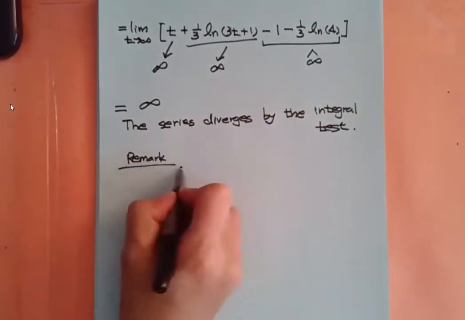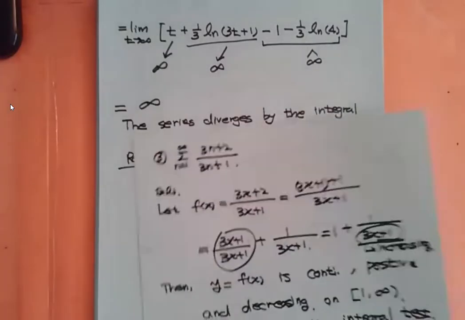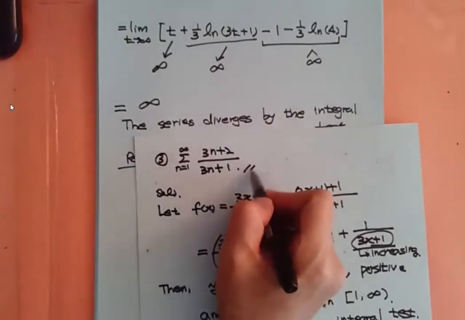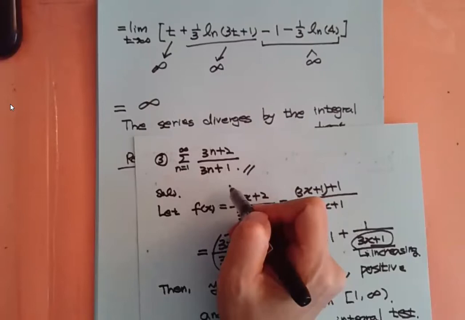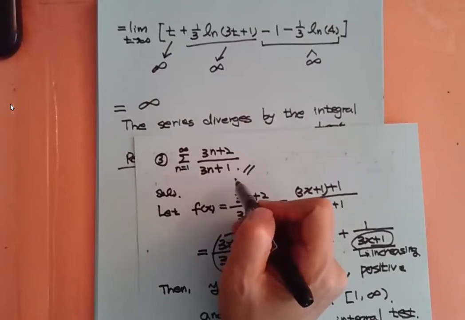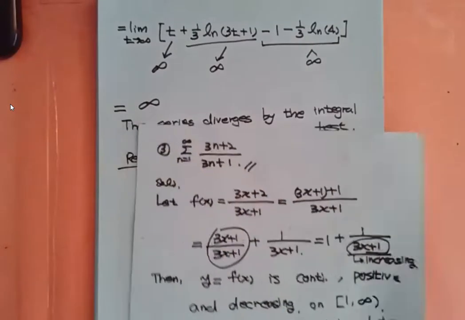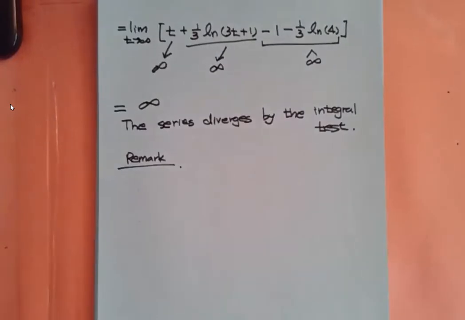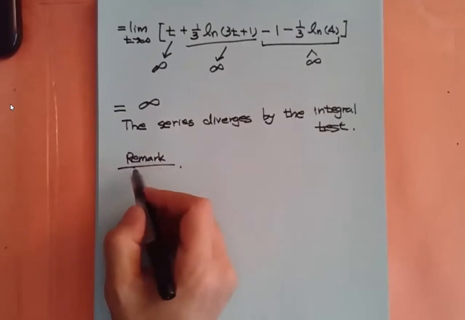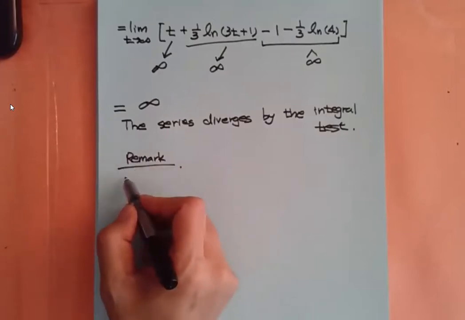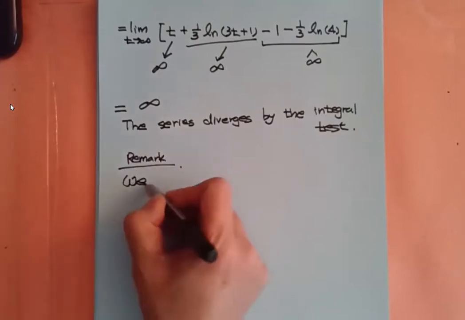So to make a decision about whether the given series, the summation of 3n plus 2 over 3n plus 1, converges or diverges, we apply the integral test. But there is another way to solve the problem, which is a lot easier.